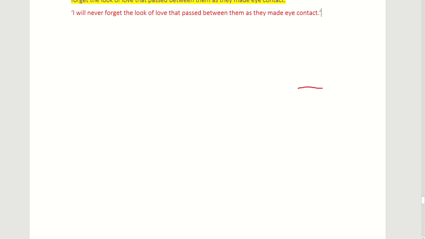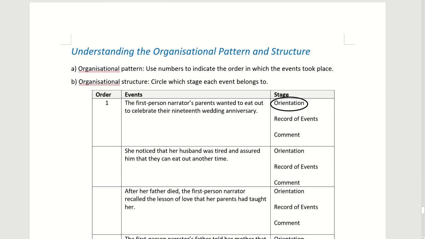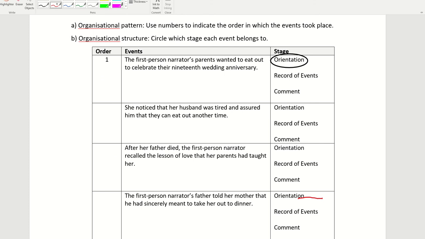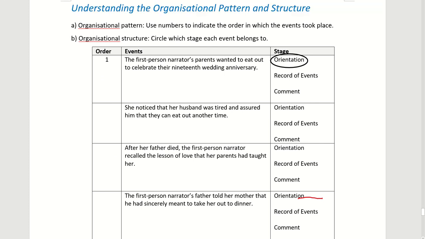Oops, sorry. Let me go to that page again. Okay. Record of events.